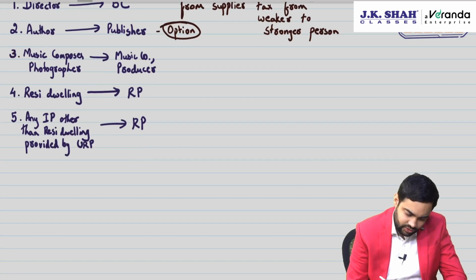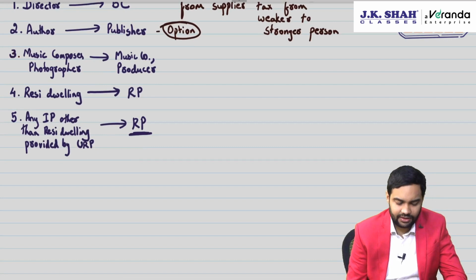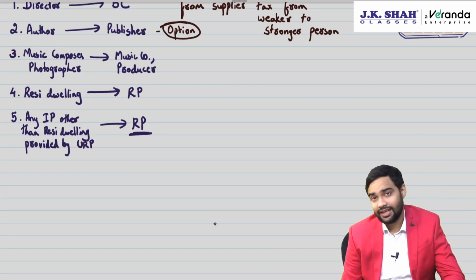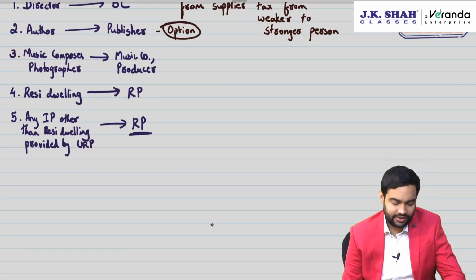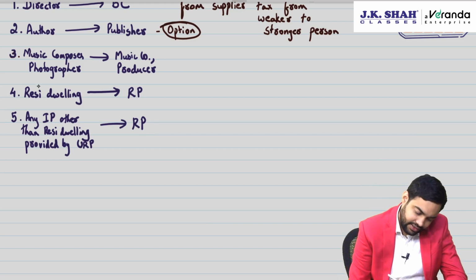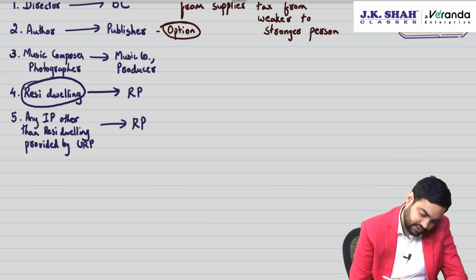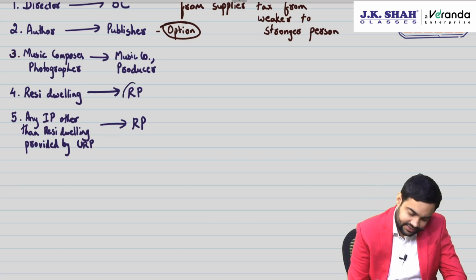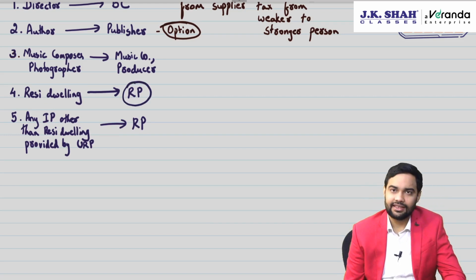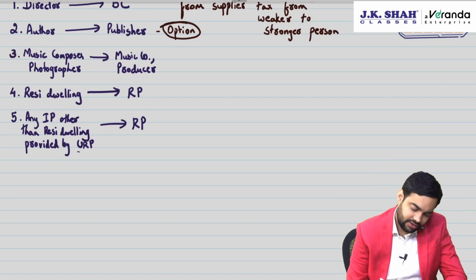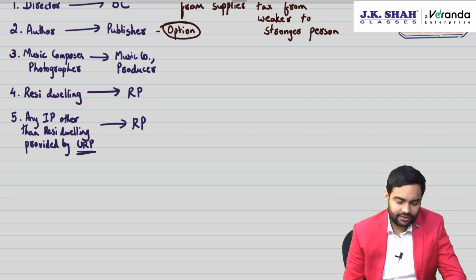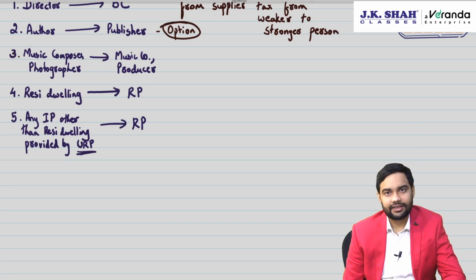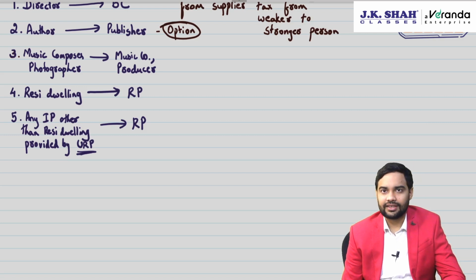The supplier should be an unregistered person and the recipient should be a registered person. Be very careful on this particular point because here it is a plain language. Doesn't matter who is the supplier. Even if supplier is registered, recipient will pay the tax under RCM. But if it's a commercial property and the supplier is unregistered, then in that case recipient has to pay tax under RCM.